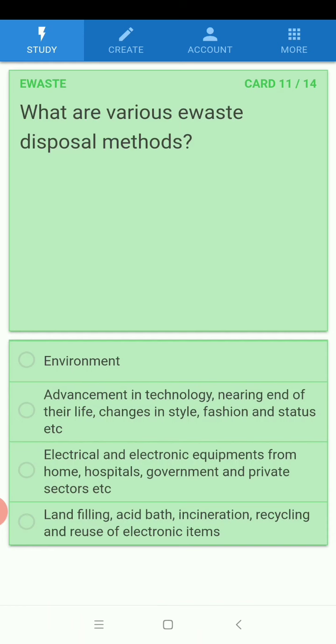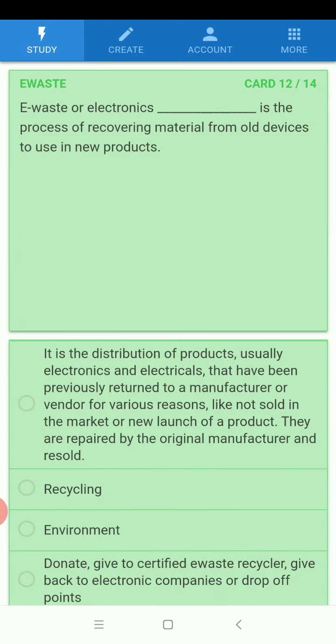What are the various e-waste disposal methods? Landfilling, acid bath, incineration, recycling, reuse of electronic items. These are the various e-waste disposal methods. E-waste or electronics dash is the process of recovering material. Recycling is the process of recovering material from old devices.